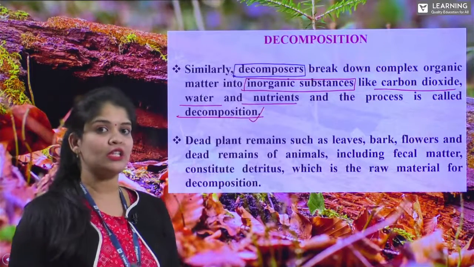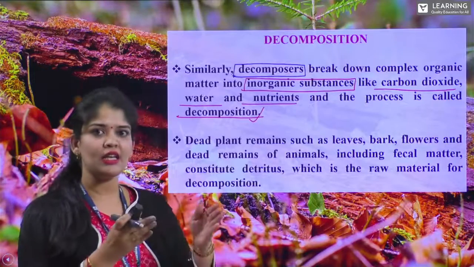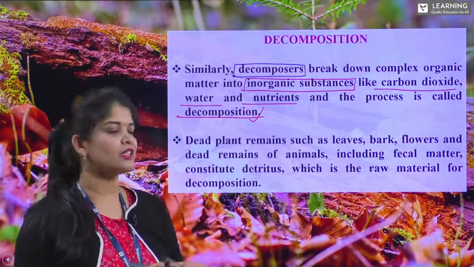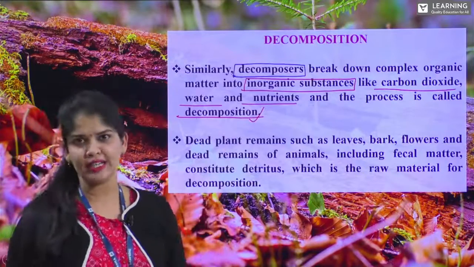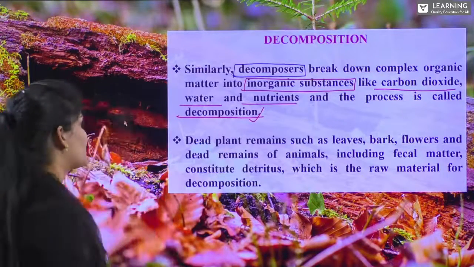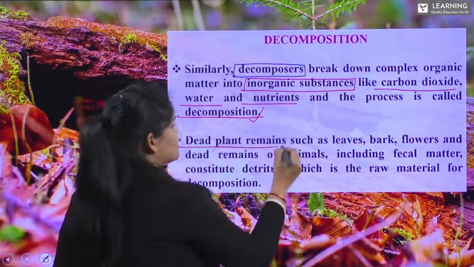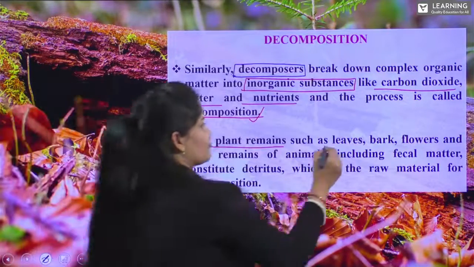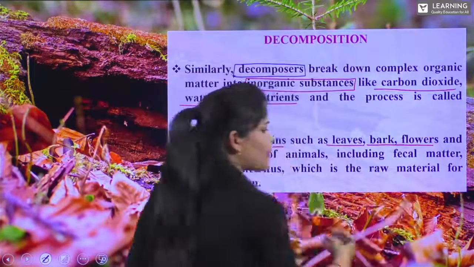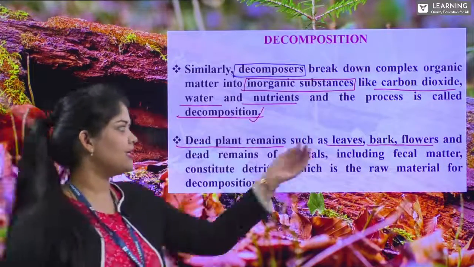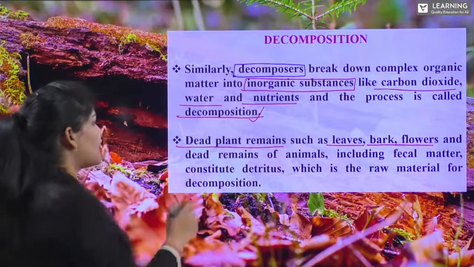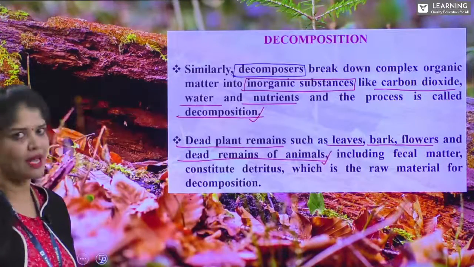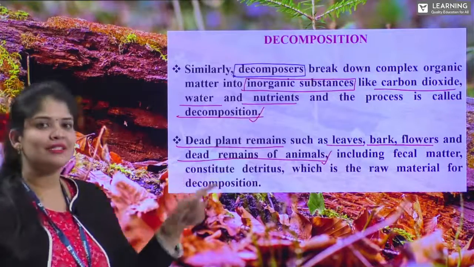But the process of decomposition consists of many sub-processes which together lead to complete decomposition. Now, dead plant remains such as dry leaves, bark, flowers, and other parts of plants, and dead remains of animals, which include fecal matter too, constitute detritus.